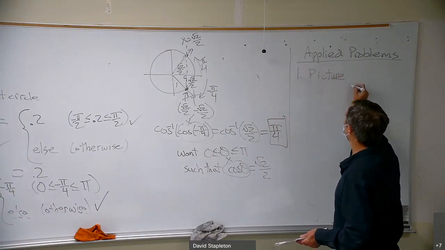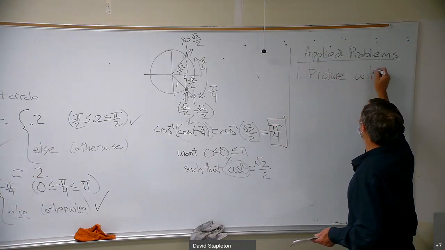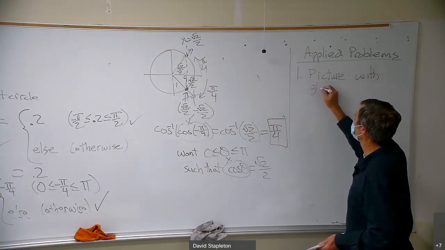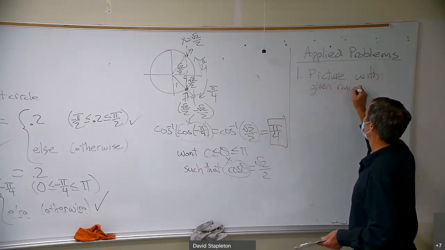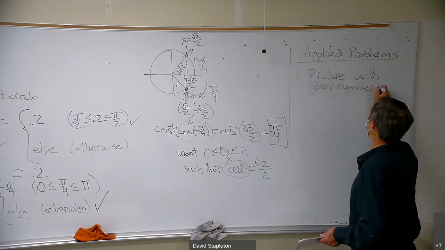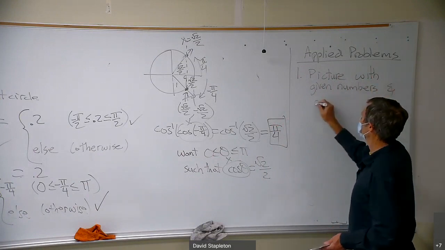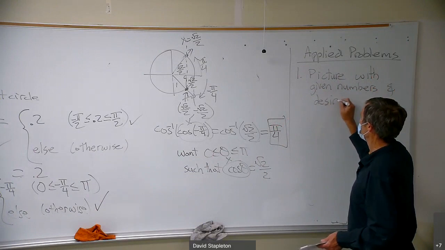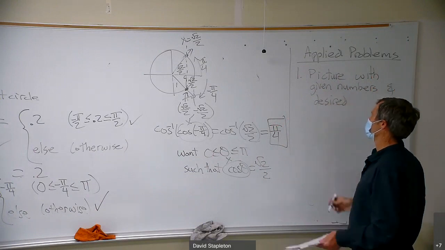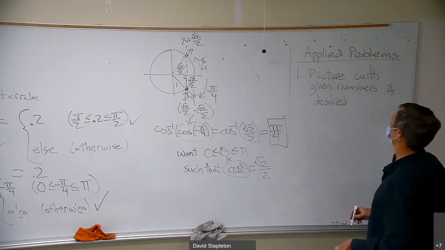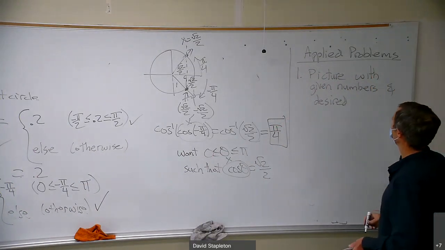And in that picture, we mark all the given numbers, angles and side lengths, and the desired ones we mark as variables, x or h or p or something like that, depending on what's appropriate for the picture.